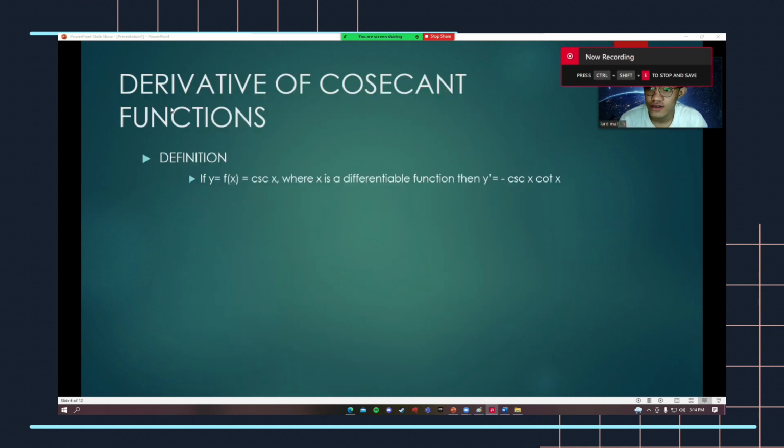Now the second topic is the derivative of cosecant function. Definition: if y equals f of x equals cosecant u, where u is a differentiable function, then y prime equals negative cosecant u cotangent u times u prime.